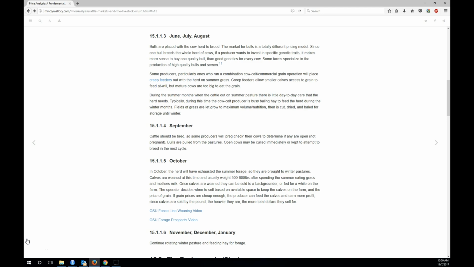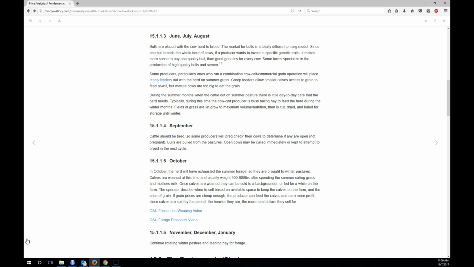So once the calves are weaned, the rancher can either keep them around for a little while and start feeding them grain to get them fatter, or they can be sold to a backgrounder. And the decision that a rancher makes on when to sell will obviously depend on what the current market price is and what the price differential is for light calves versus heavy calves.